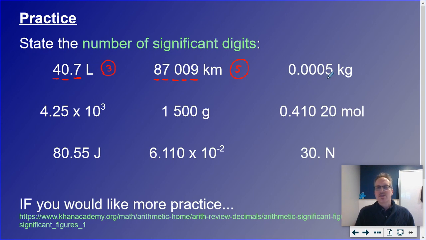In this third value here, we have a number. Zeros in front never count as significant, so this number has 1 significant digit. Here we have scientific notation, but we have a number, a number, a number. This is going to represent 3 significant digits.